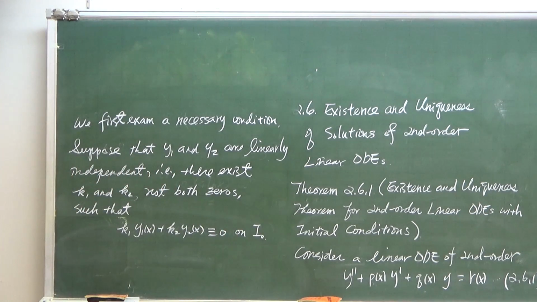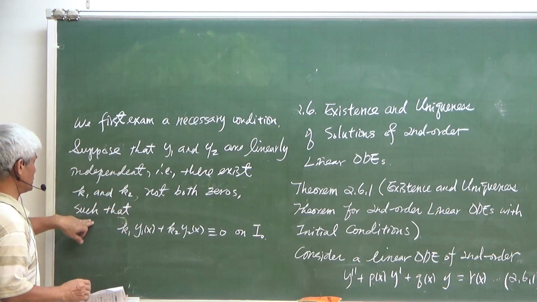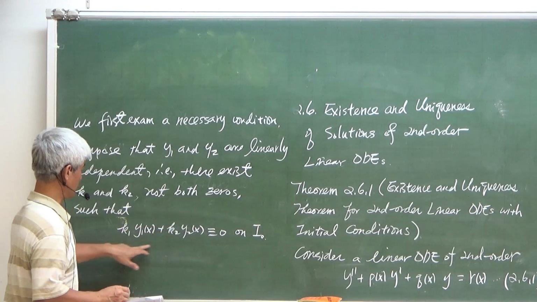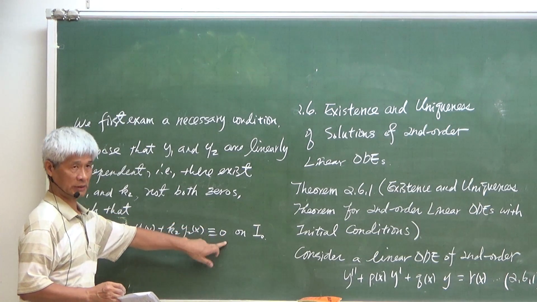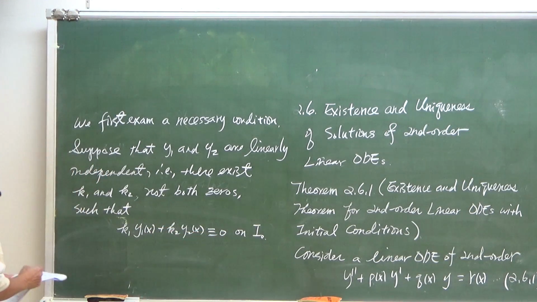Okay, so this is the definition. Okay, we can find two constants not both 0 such that this linear combination is equal to the 0 function on the whole interval. Okay?